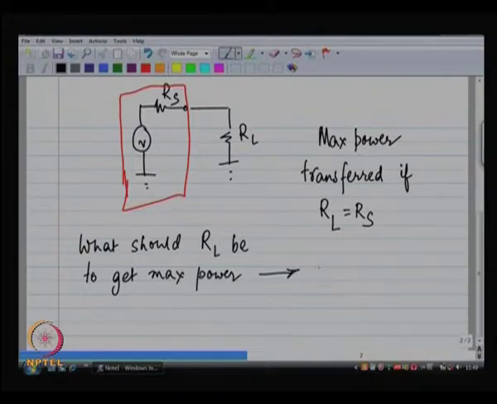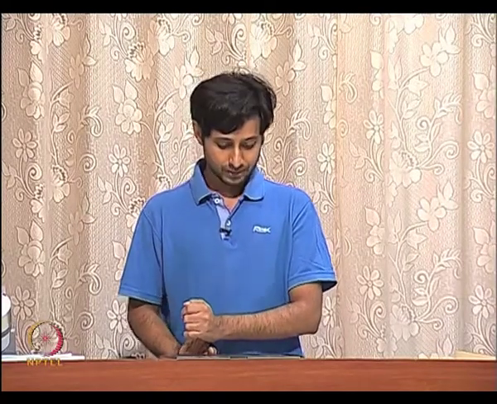And the answer to that is R L should be equal to R S. So, it is important to understand that the source resistance is part of the source, and as a result of this, only a limited amount of power can be transferred.